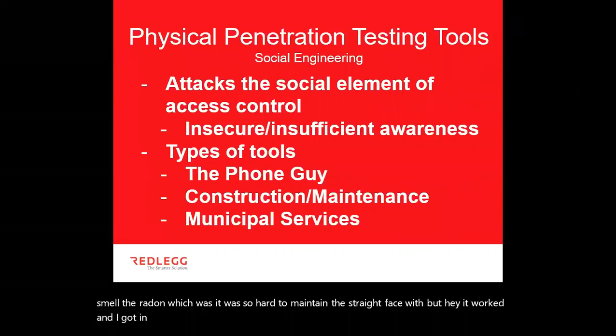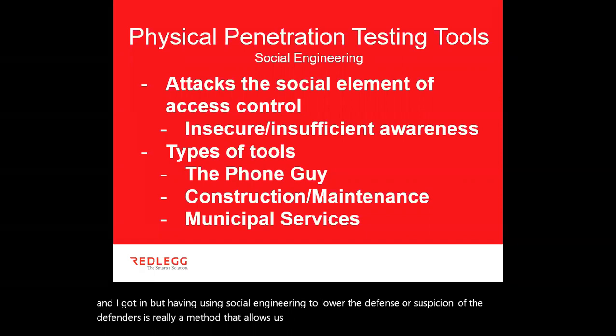But using social engineering to lower the defense or suspicion of the defenders is really a method that allows us to use a lot of the other attacks that we've mentioned here today.